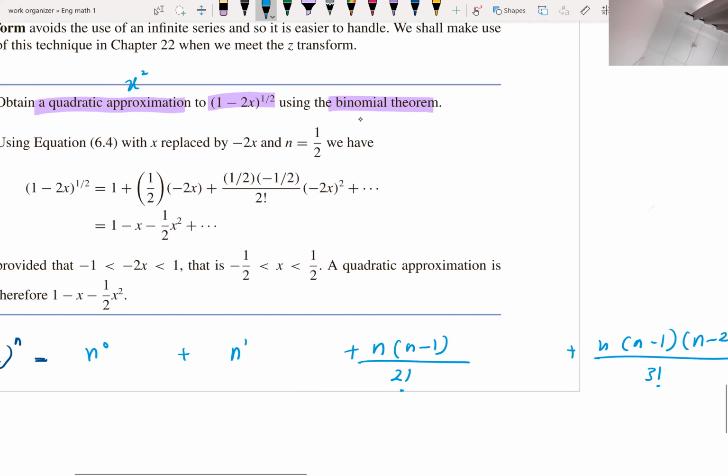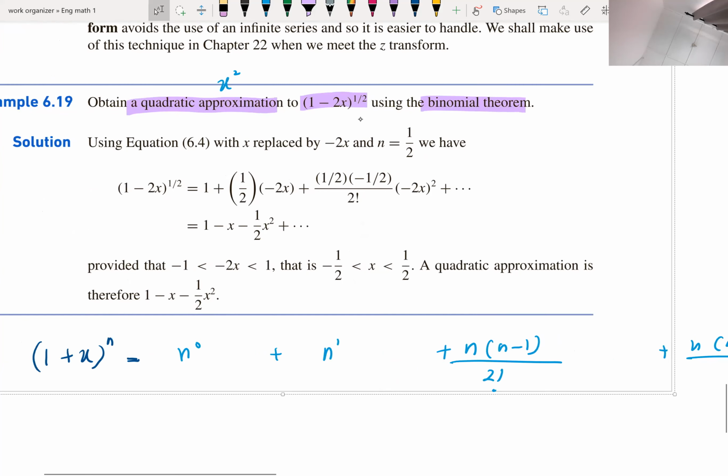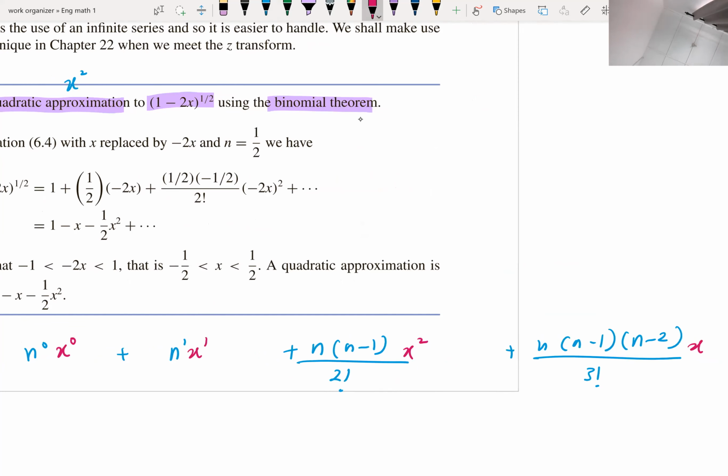For the 1, it doesn't matter, so we skip it and go straight for x. x will be increasing, so x0, x1, x2, x3. Since it asks for a quadratic approximation, which is only up to x to the power of 2, we can ignore the last term here.